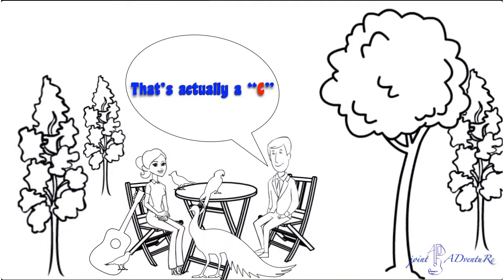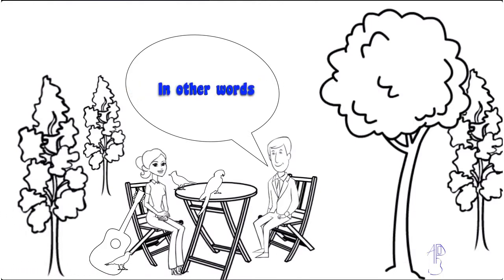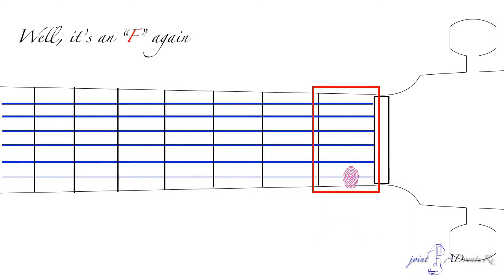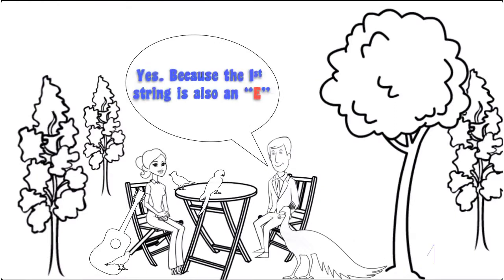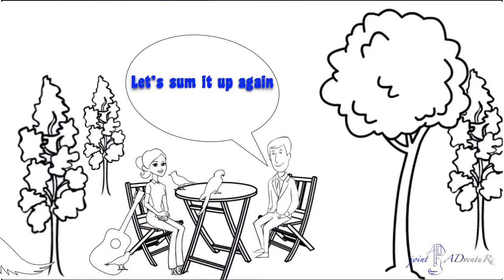That's actually a C. In other words, C is equal to B sharp. Let's do the last one. Well, it's an F again. Yes, because the first string is also an E. Let's sum it up.